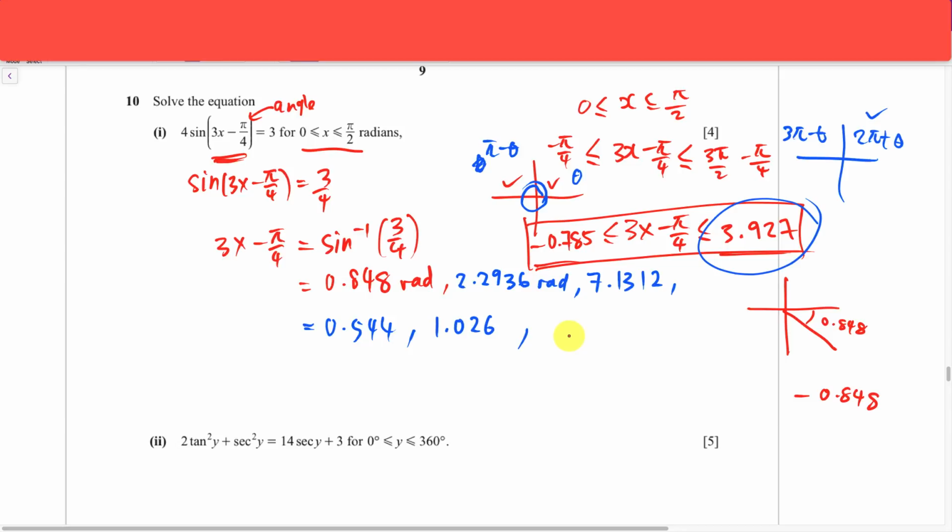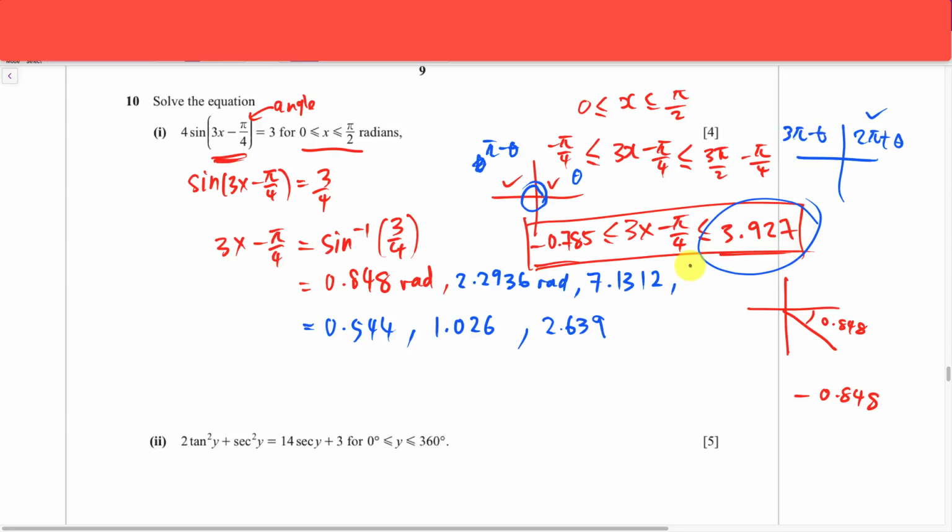7.1312 plus pi over 4, then I divide by 3. This is 2.639. Let me try one more because it's still very far from here.